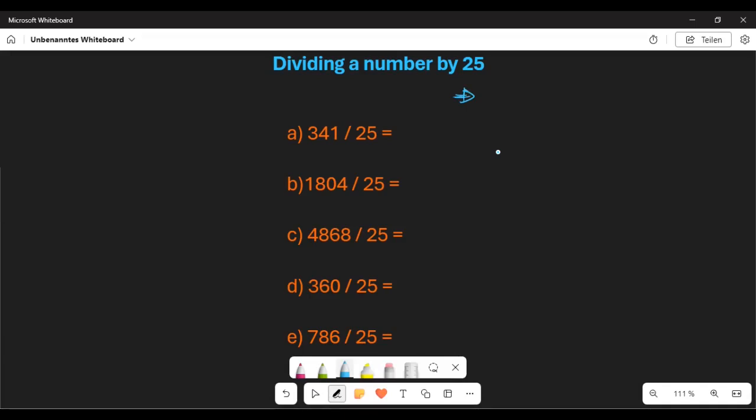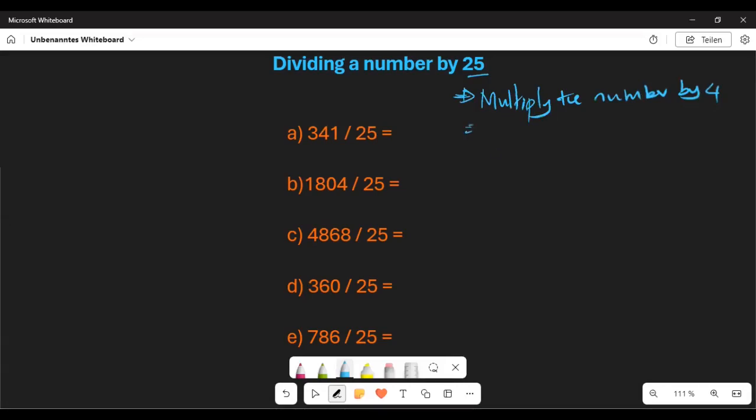First step: if you have to divide any number by 25, take the number and multiply it by 4.